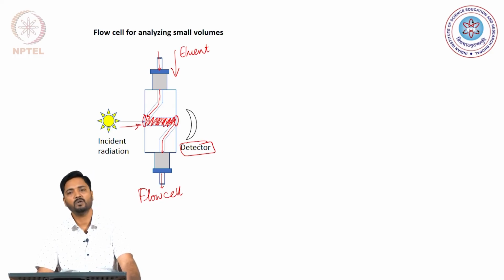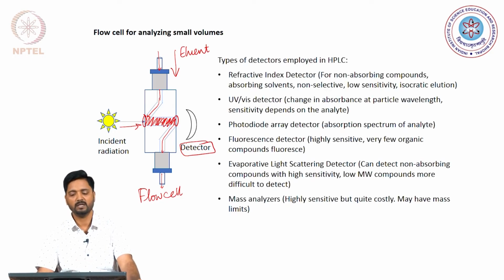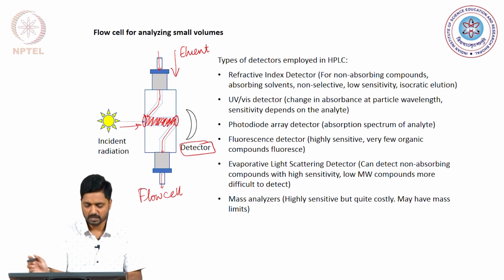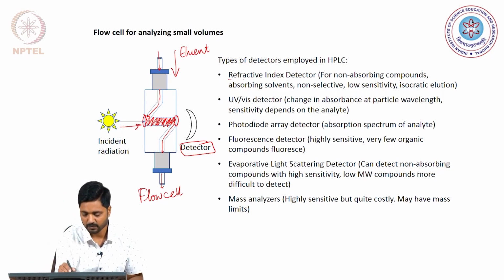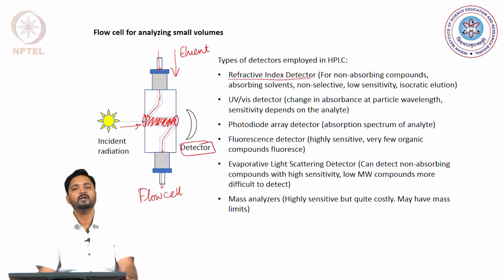Let us also look at what are the various detectors that are available to us in high performance liquid chromatography. The first and foremost detector that was used was of course the refractive index detector, and in fact indeed even now people are using RI detector because it is a very versatile detector.